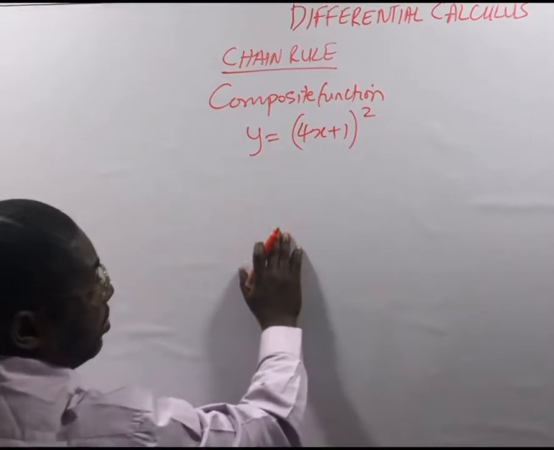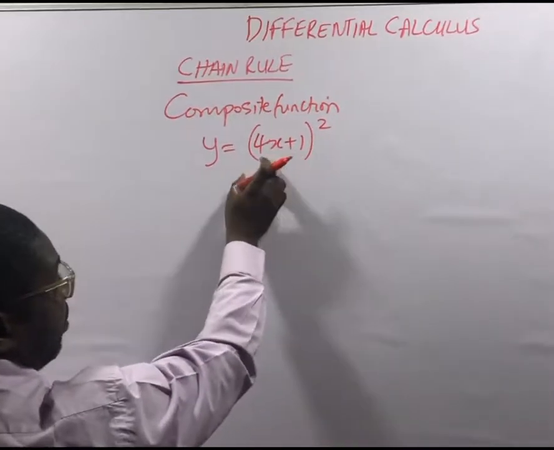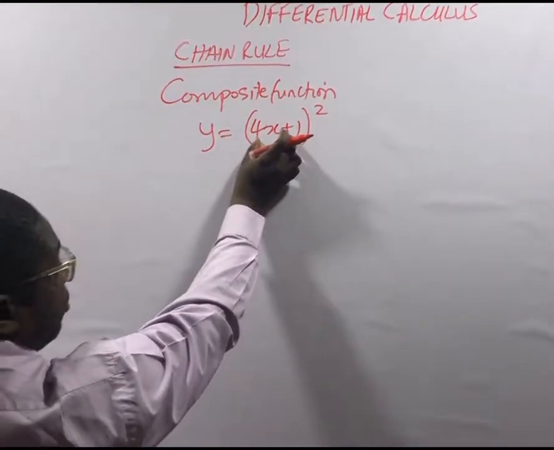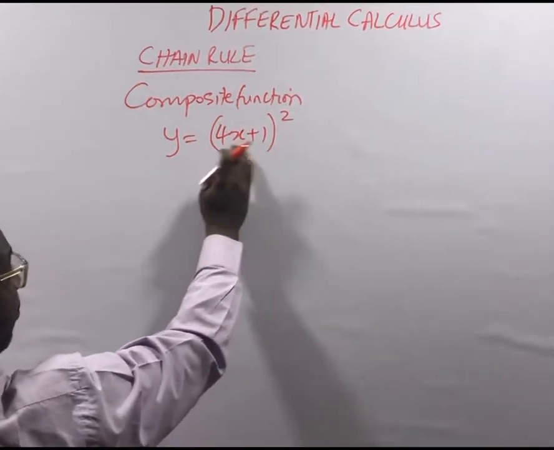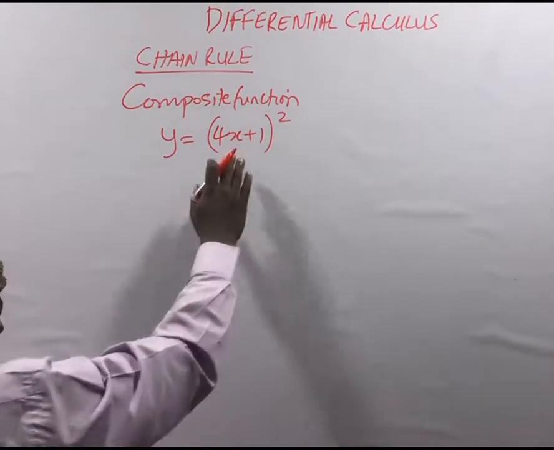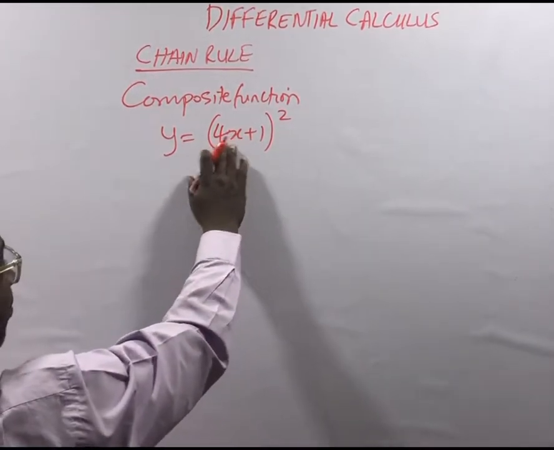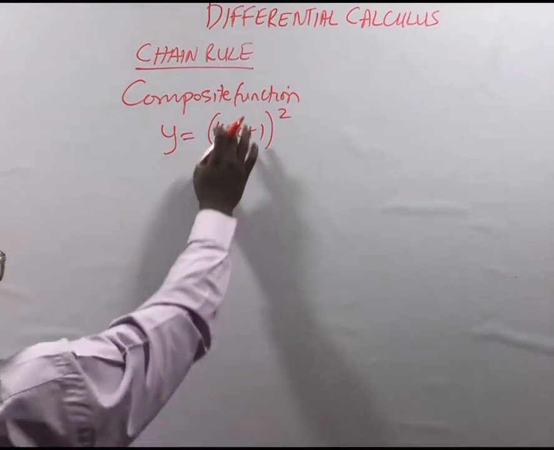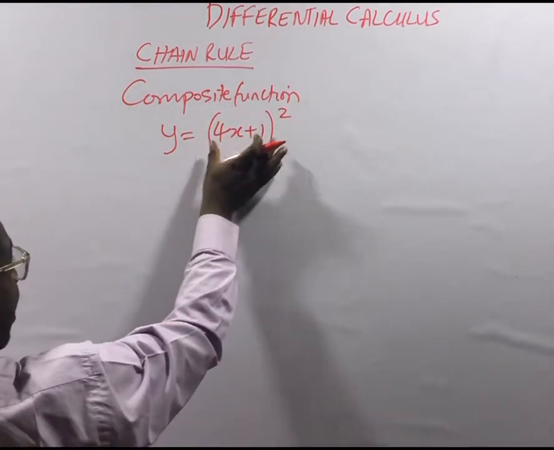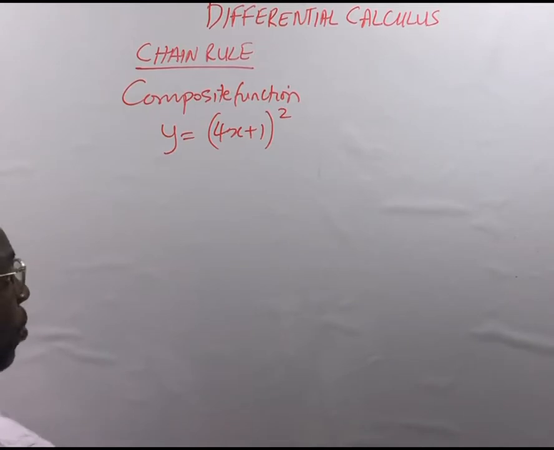How do you deal with this? If they were separated, you would have just found the derivative of each of them. But in this case, they are all locked up in this. That's what we mean by composite function.